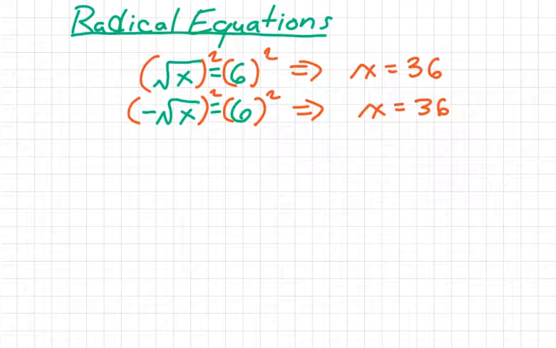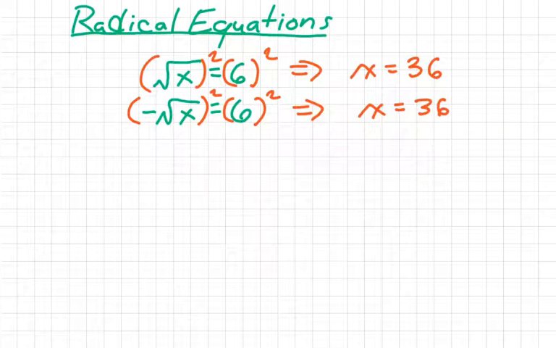What I want to point out is that when you square it, you lose information. If you're given x equals 36, I don't know if this is the answer to the top problem or the bottom problem. I don't know if the original had a negative or a positive in front of it.